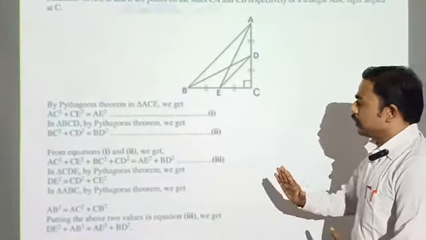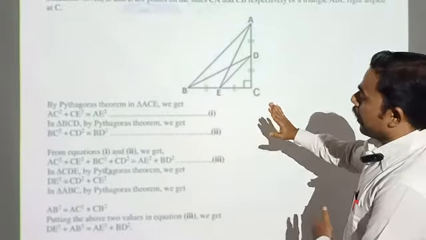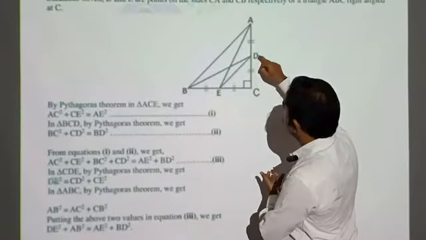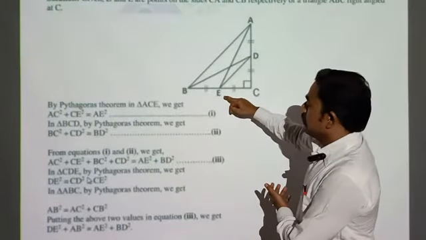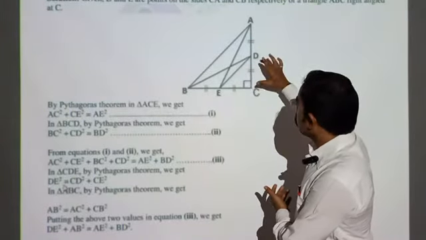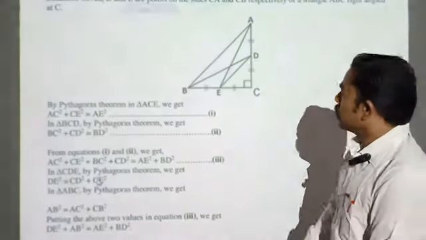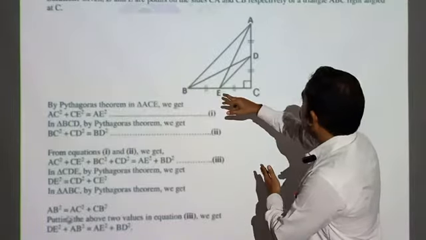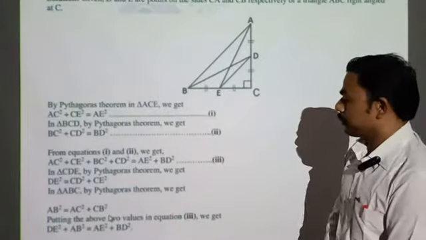Next, in the same way, we take another triangle, CDE: DE squared equals CD squared plus CE squared. In the bigger triangle ABC, AB squared equals AC squared plus BC squared.